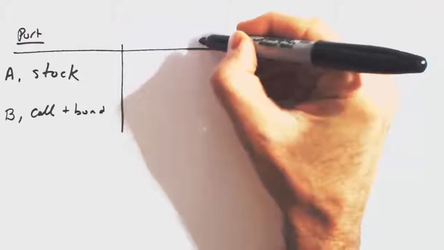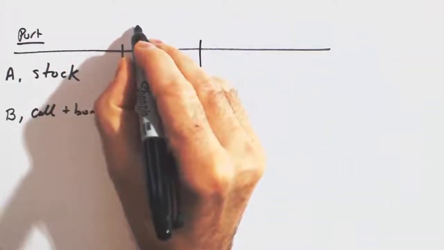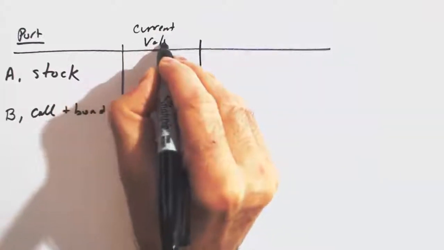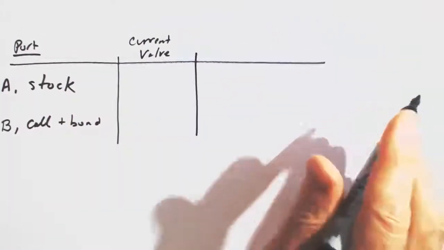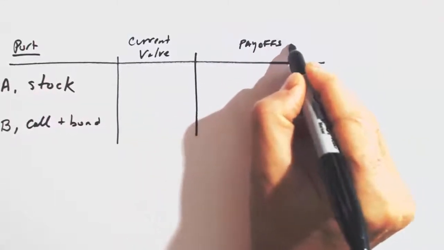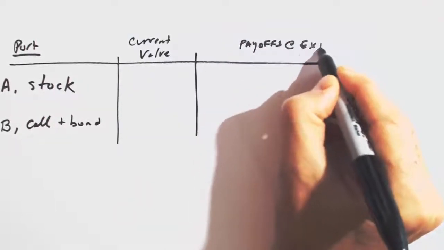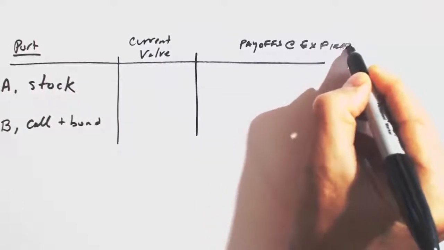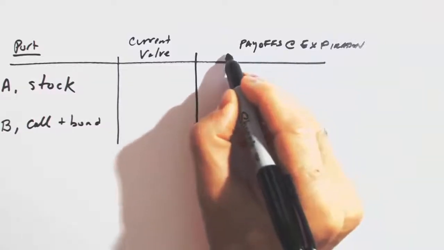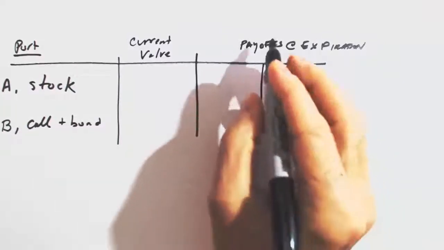I'm going to have here an area that says current value. And then we're going to have, and you're going to see this a lot later on, payoffs at expiration. We're going to define that a little more carefully.